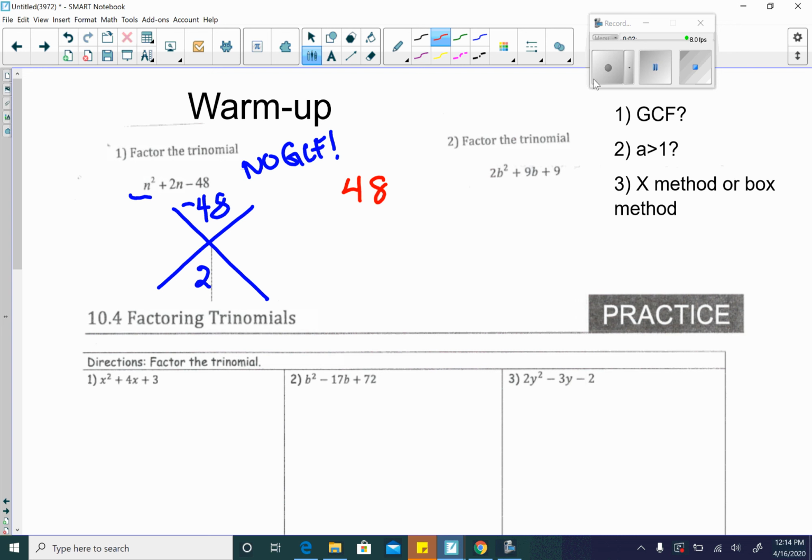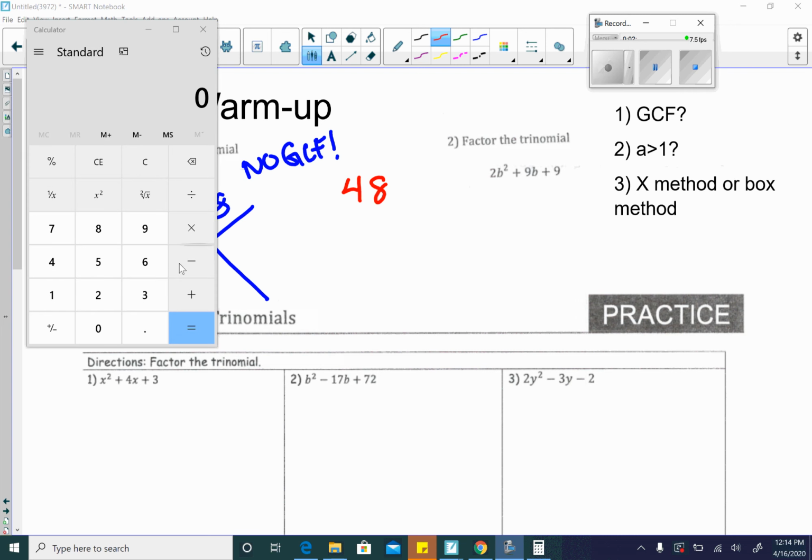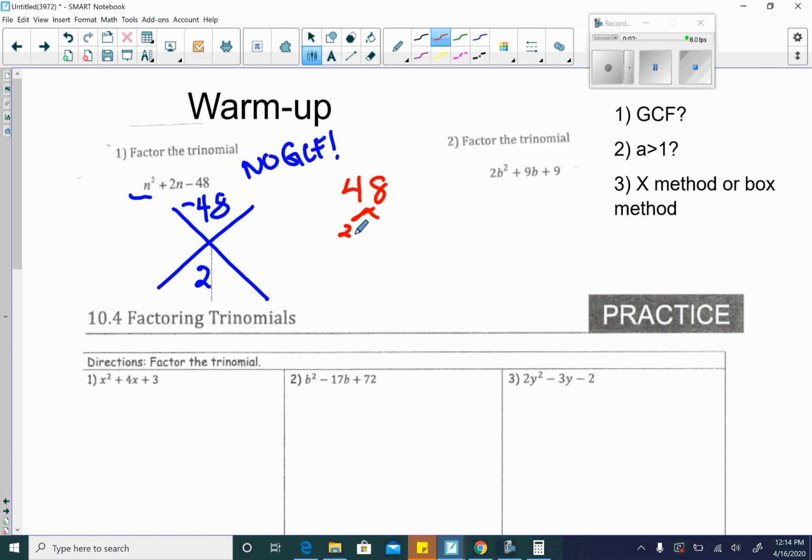Use your calculator. You're going to do 48 and then divide it by each number. We already know that 48 divided by 1 is just 48, so we can start with 48 divided by 2. That's 2 and 24.